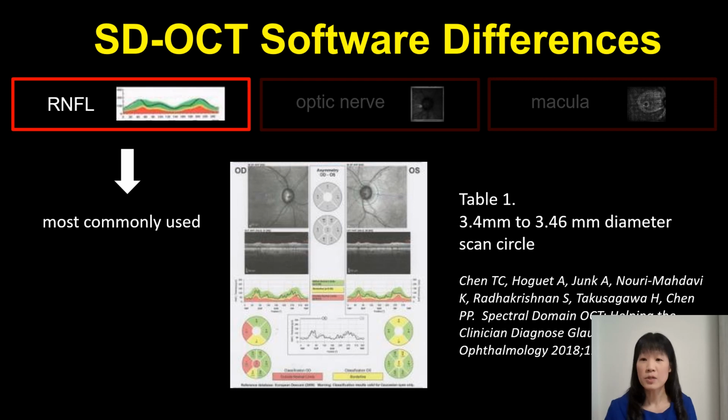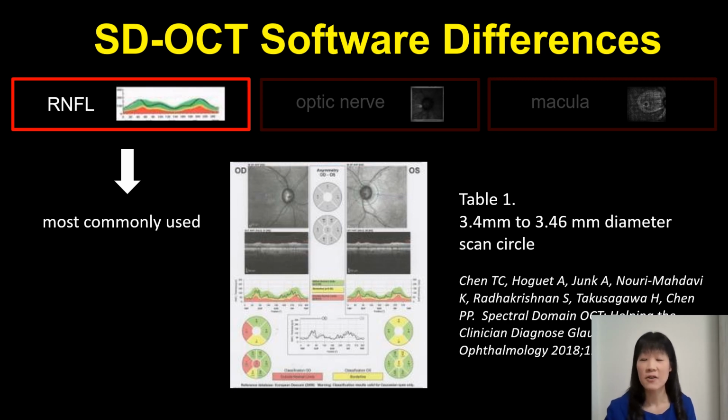So most spectral domain OCT machines use an RNFL peripapillary scan circle of about 3.4 plus millimeters in diameter. And here is an article which we published. It was an American Academy of Ophthalmology position paper on spectral domain OCT and diagnosing glaucoma, 2018, if you want to look that up.